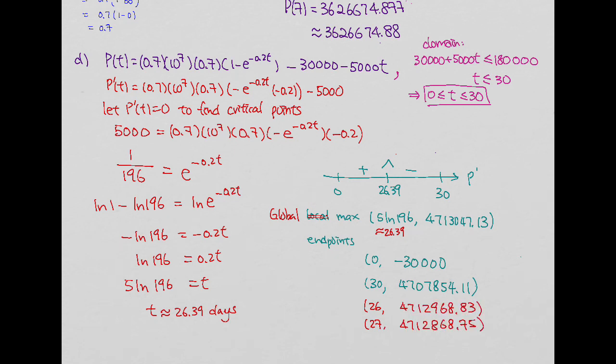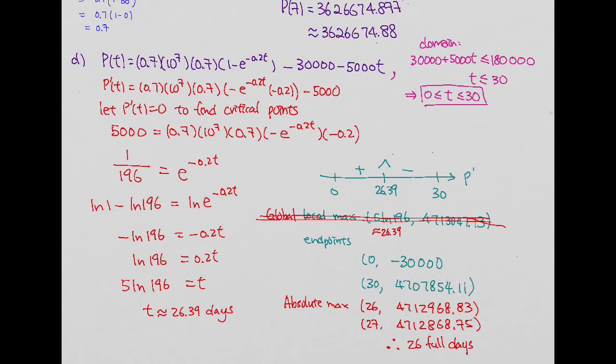After we put T equals 26 and 27 into the profit equation, we get those two values. And as you can see, this one's higher. So we say the global maximum, which is the absolute maximum, happens at T equals 26 full days. And the other answer will not be acceptable. Therefore, at 26 full days, the company will generate the maximum profit.